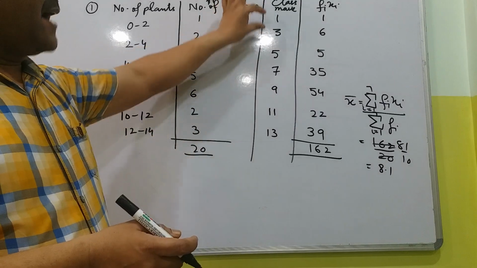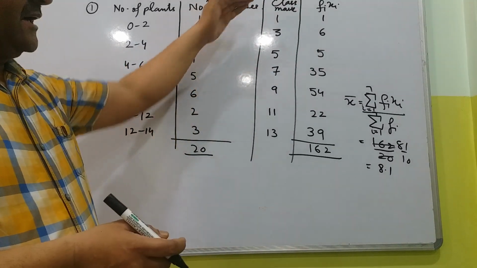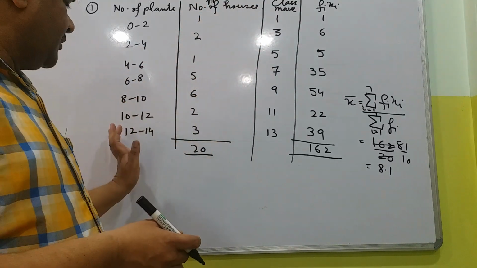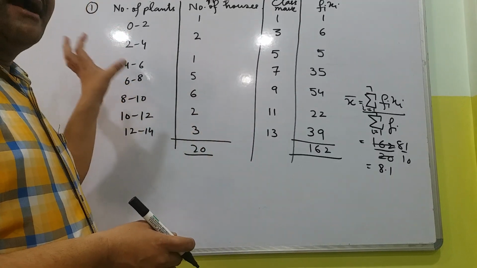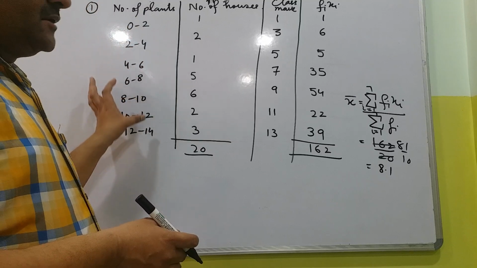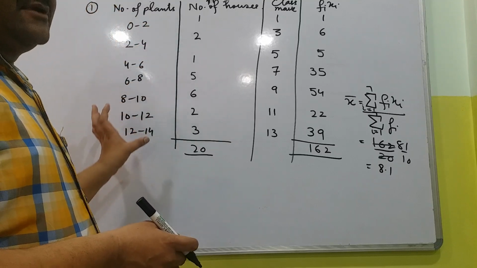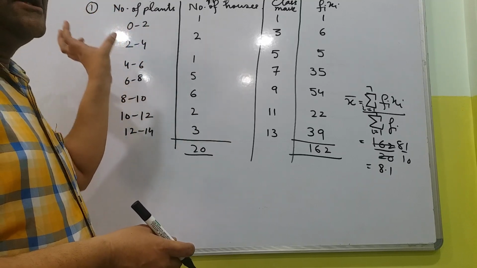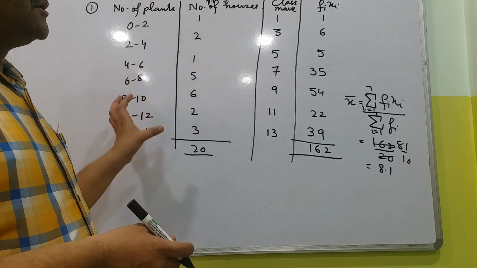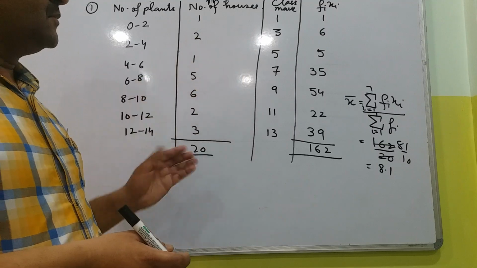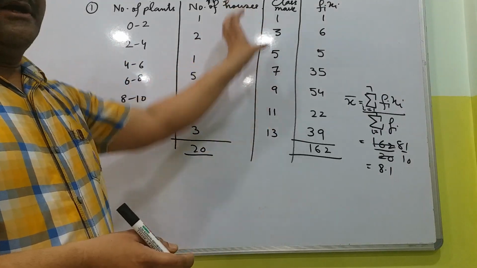So you see the gap between the first two, and keep on leaving the gaps like this, and you can check the last one also. This is only possible if the gap between all the class intervals is the same, or you can say the class size, class width, is the same, right? If the class width is not the same, then you have to calculate it separately.